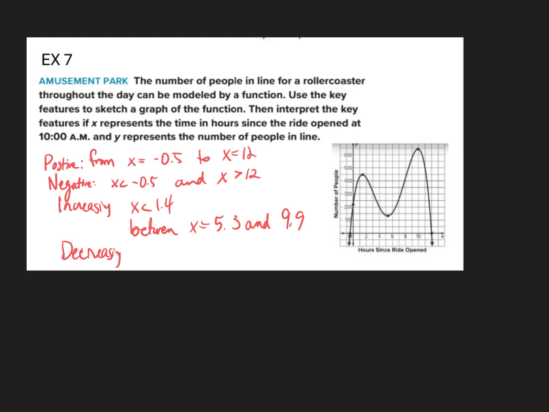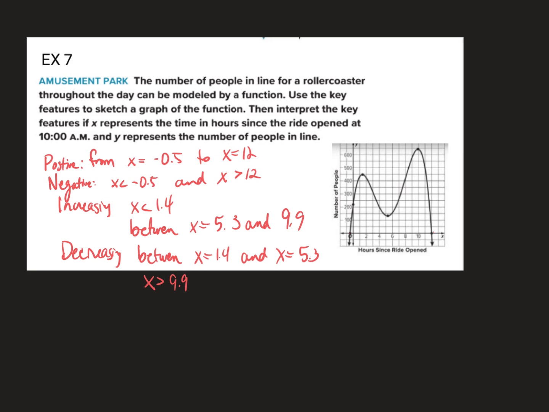So that would be decreasing between x equals 1.4 and x equals 5.3. And then it's decreasing for values x is greater than 9.9. And that's here, 9.9. It's decreasing here. So 1.4 to 5.3, and then x is greater than 9.9 is where it's decreasing.